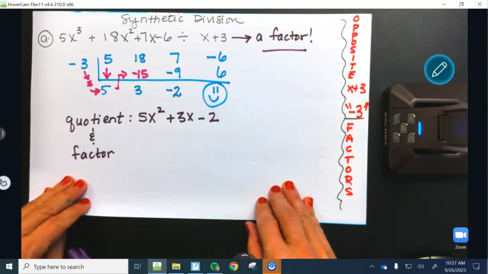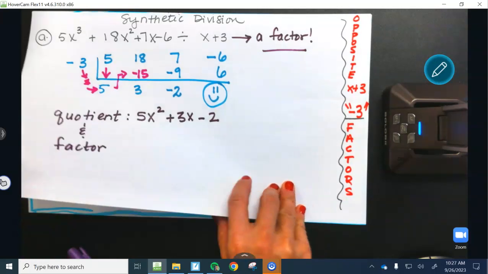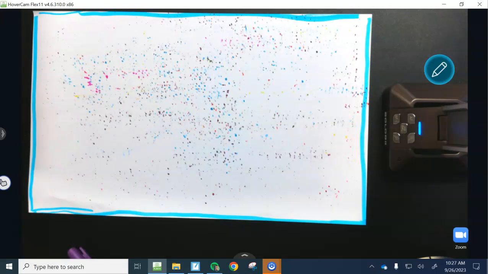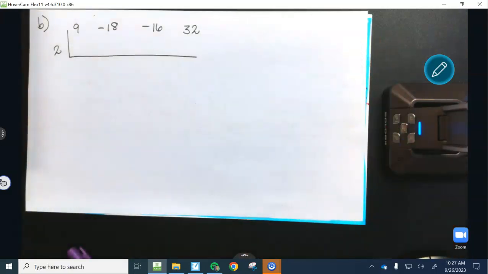All right, let's go ahead and take a look at letter B. All right, so for letter B, guys, I already wrote it upside down, but my numbers are not in the number order for the other one. Look at the packet.